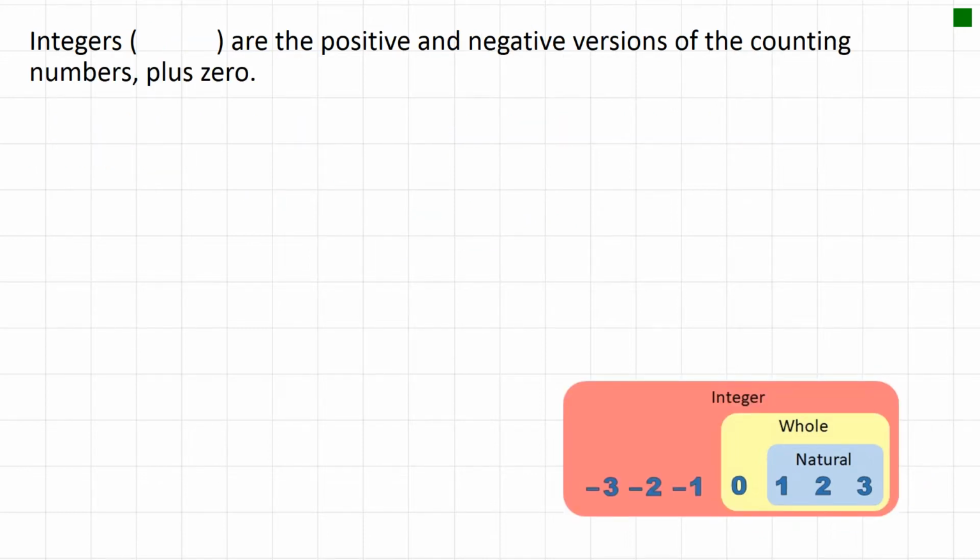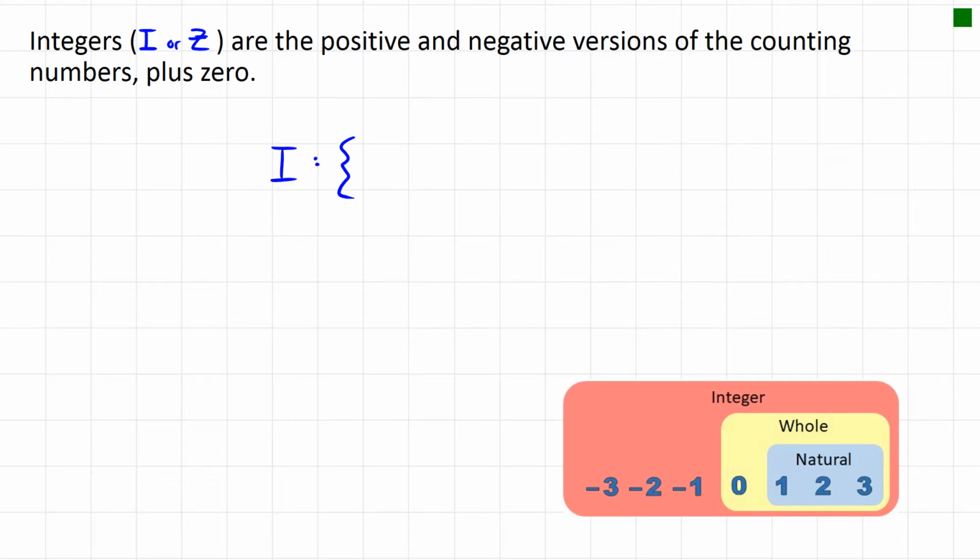So going up one set of numbers from whole numbers, we get to integers, which we're going to symbolize with a capital I. But if you look around on the internet, you'll find that they're often symbolized with a capital Z as well. So these are all the positive and negative versions of the counting numbers, including 0. So if we want to write the integers as a set, we'd go capital I, colon, and then curly brackets.